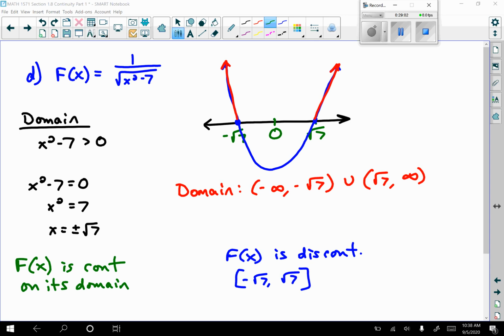Because it is rational, we would get those asymptotes. So yes, we're leaning more towards the infinite discontinuity. So we can put that down, an infinite discontinuity, because we would have asymptotes there at negative radical 7 and radical 7.